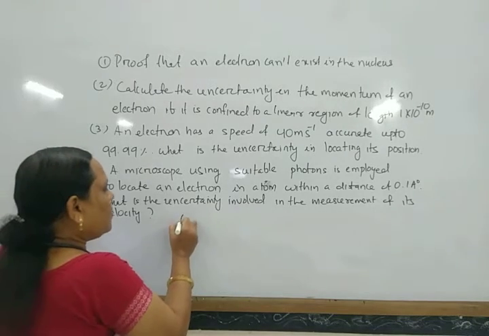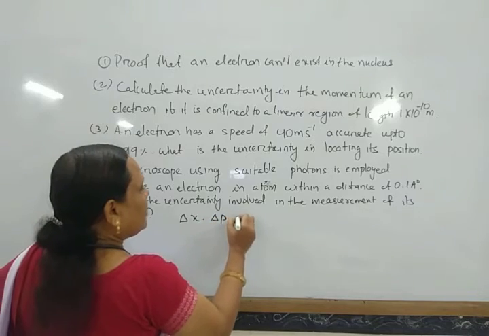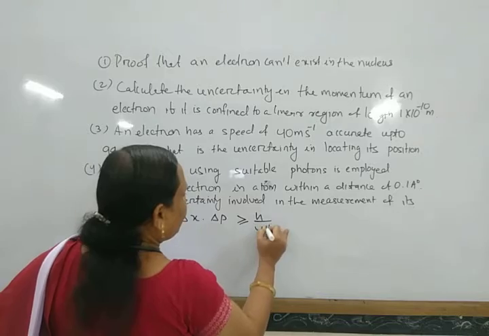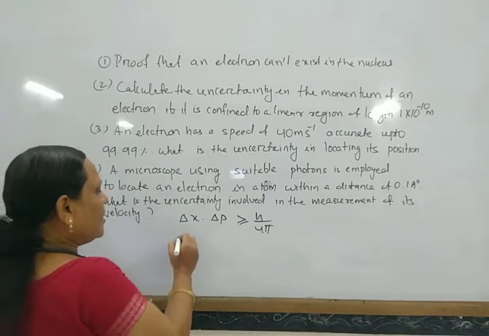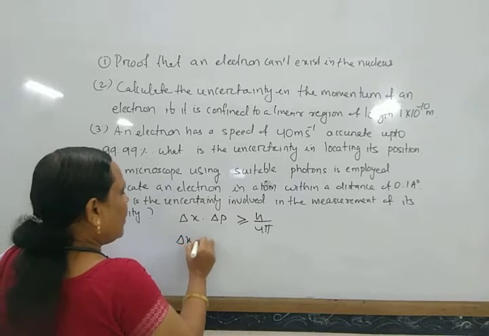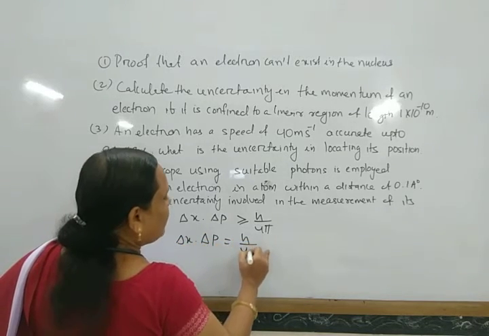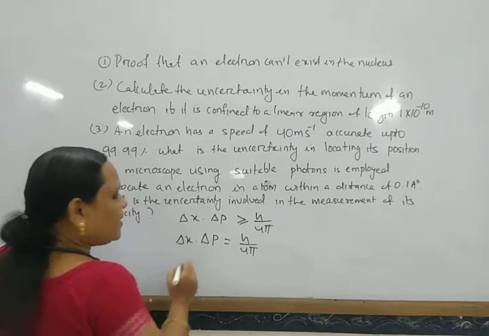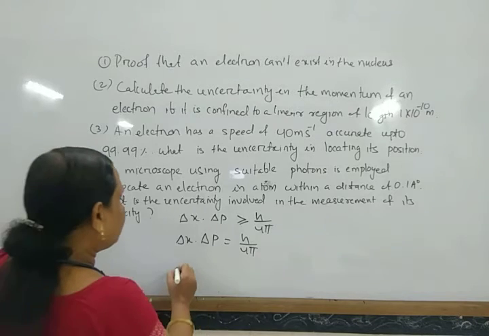So we know del x into del p is greater than or equal to h by 4 pi. But for solving problems, generally we use del x into del p equal to h by 4 pi. And what is del p? Del p is mass into uncertainty in velocity.